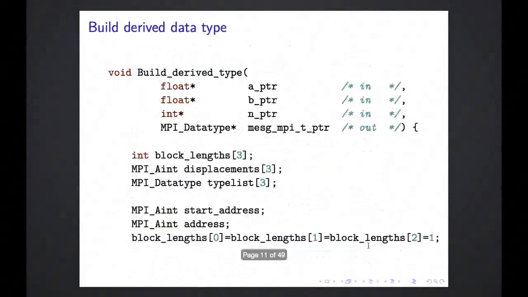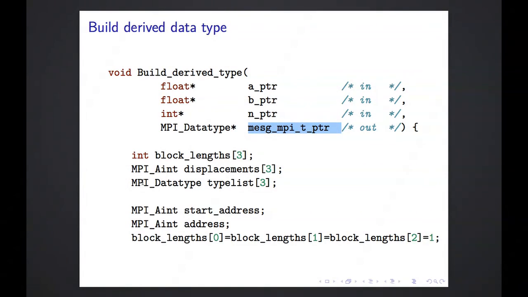Okay, so to make this all a little bit more concrete, let's look at the actual source code, and things should become much more clear. So here's a function which will build my type. This function takes as input the pointer to A, pointer to B, and pointer to N, and the output will be the data type that we create.